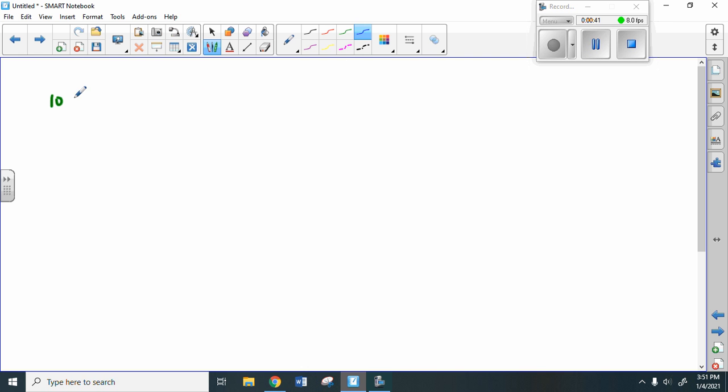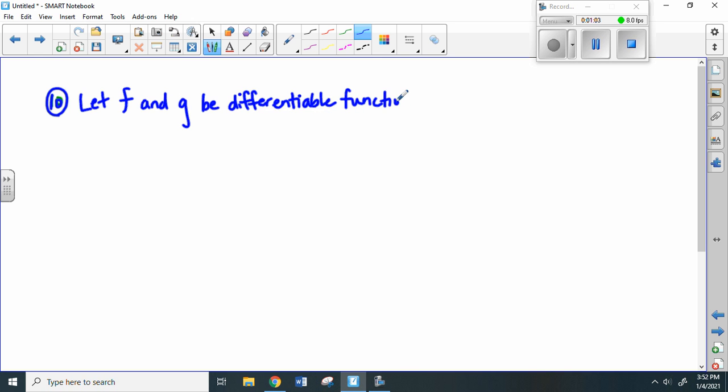So I know that kind of seems silly, but I'm going to show you what I'm talking about in just a second. All right, so we'll call this number 10 because it's just a continuation. Let f and g be differentiable functions such that g of x is equal to f inverse of x.